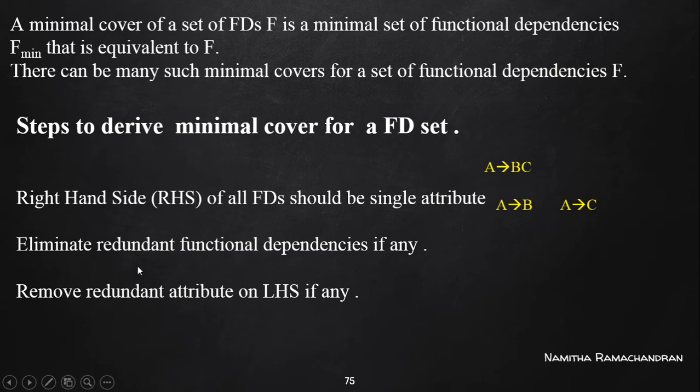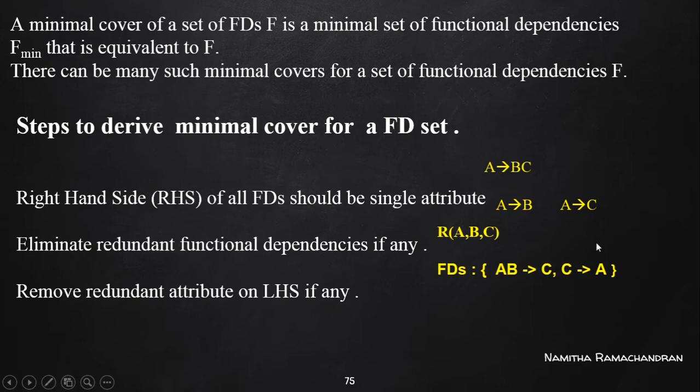Second step, eliminate redundant functional dependencies if any. Suppose the functional dependency set F contains dependencies like this: AB implies C and C implies A. From this it is clear that with the help of this AB implies C, we can find the value of attribute A, attribute B as well as attribute C. So here this C implies A is a redundant dependency, right?